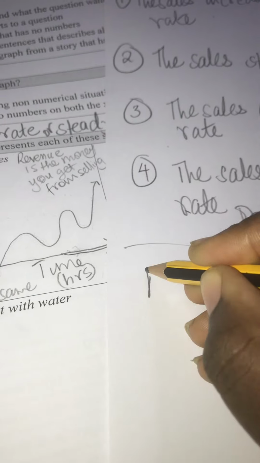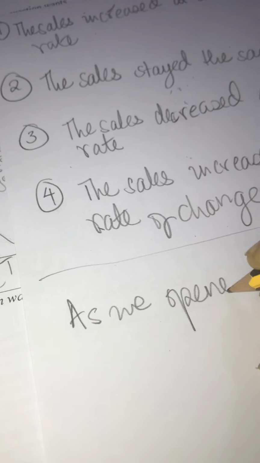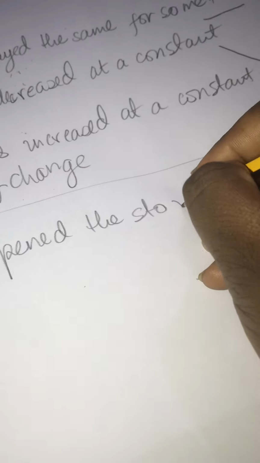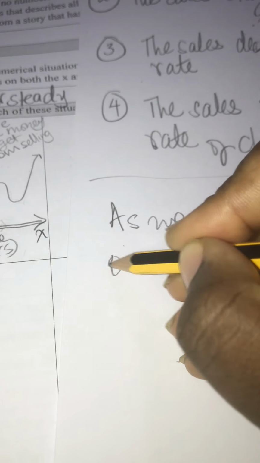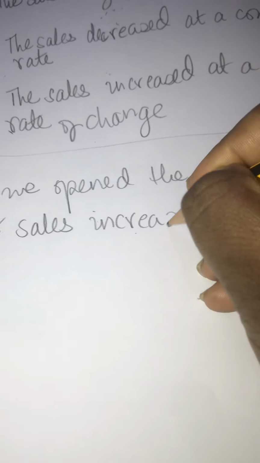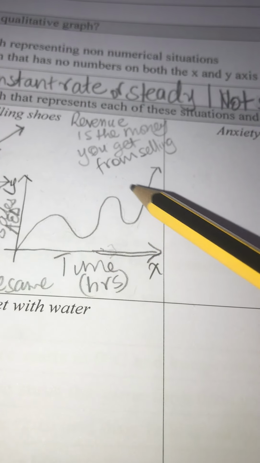as we opened the store, okay, our sales increased. Okay, then there were 2 decreases. Our sales decreased 2 times.